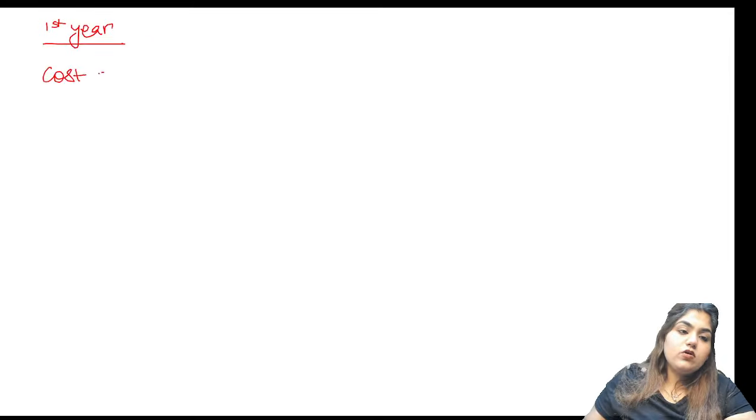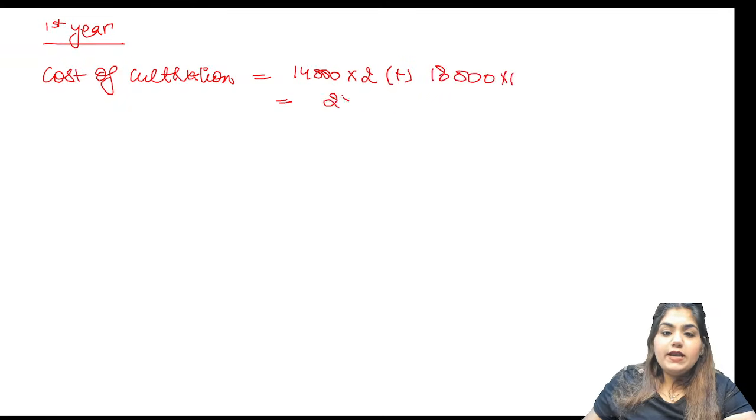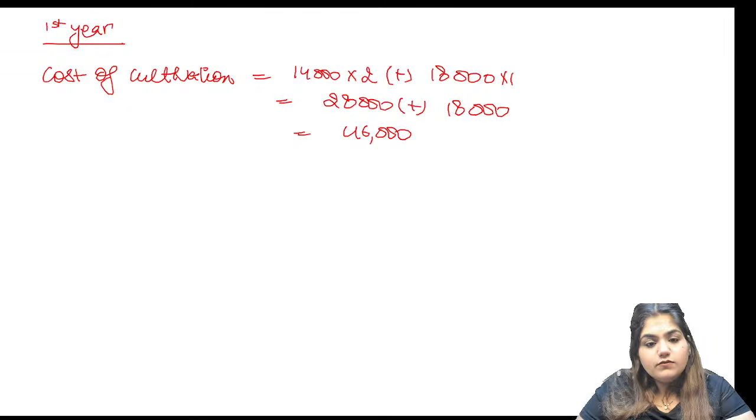Cost of cultivation: 14,000 into 2 plus 18,000 of cotton into 1. That will give us 28,000 plus 18,000, which is equal to 46,000. This will be equal to 46,000, right?